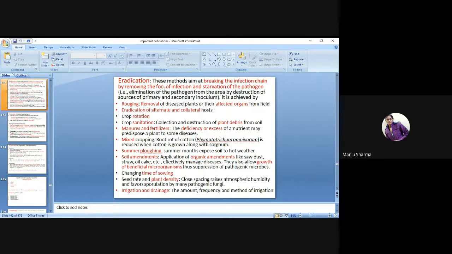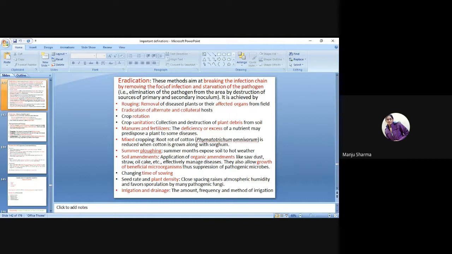For example, annihilation of the pathogen from the area by destruction of sources of primary and secondary inoculum, and it is achieved by roguing. Roguing means removal of diseased plants or their affected organs from the field, then eradication of alternate and collateral hosts, crop rotation, crop sanitation, collection and destruction of plant debris from soil, and manures and fertilizers.